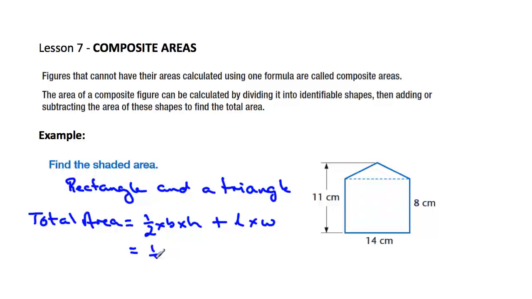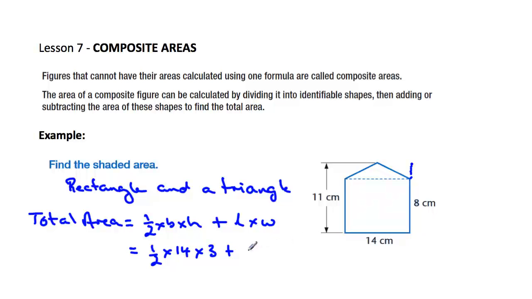So when we put all this together, the base in this case for the triangle would be 14. The height, now the interesting thing about the height is that you've got 8 here and it goes up to 11 altogether. So that would give us 11 take away 8, which is 3.